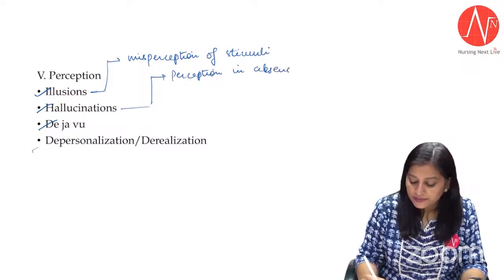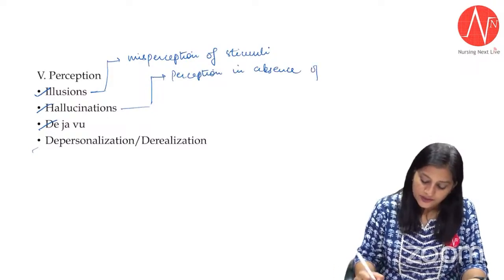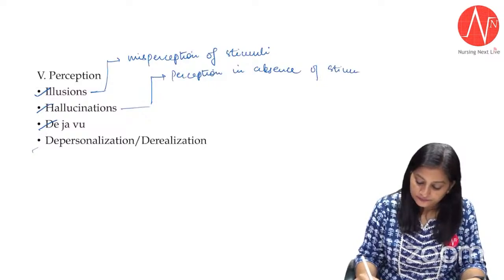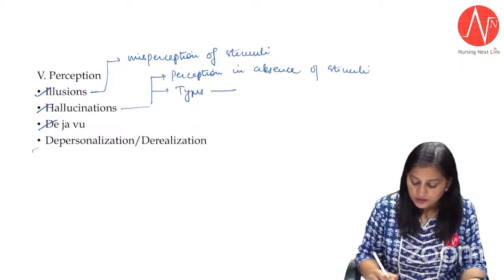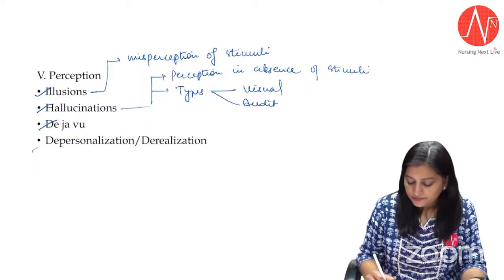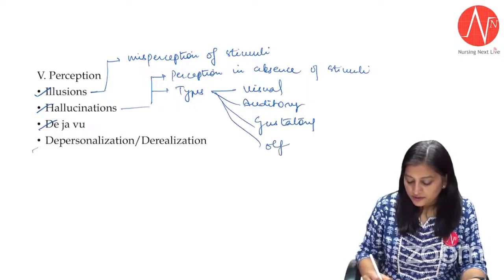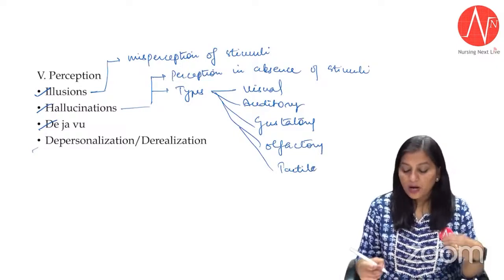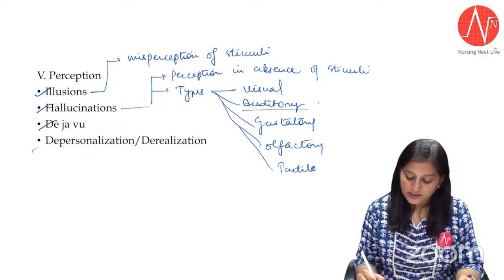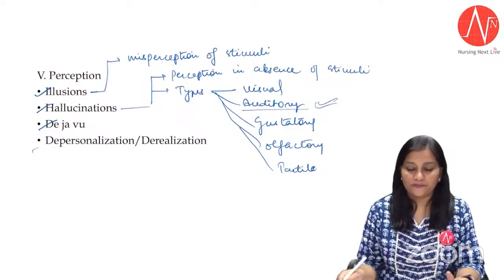There is nothing, but still the patient is perceiving. And there are different types: visual, auditory, gustatory, olfactory, tactile. And if you ask about the most common type, then auditory is the most common, and after that, visual.